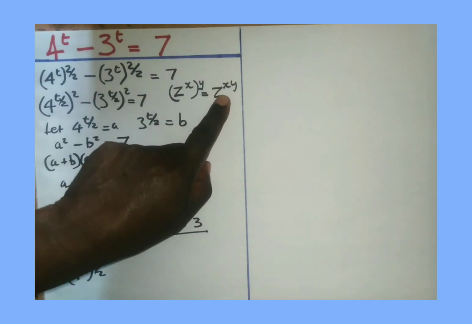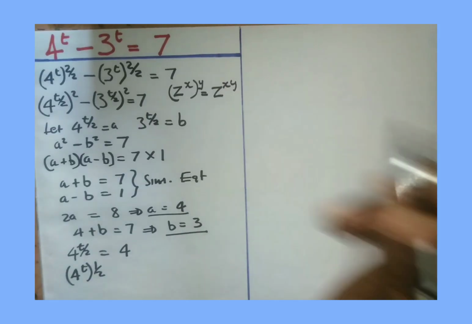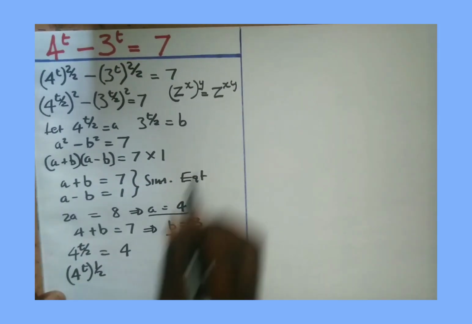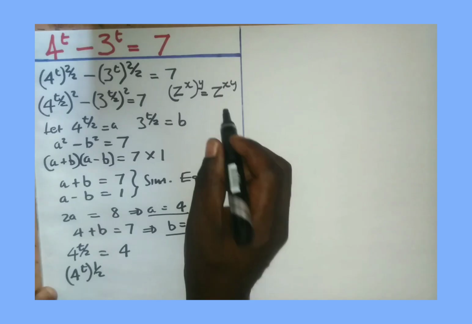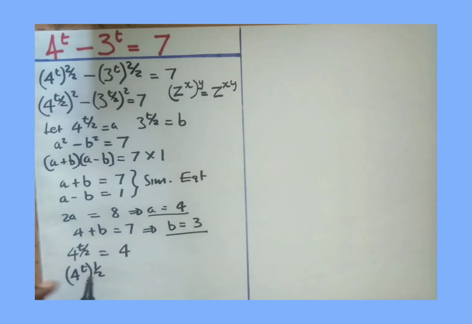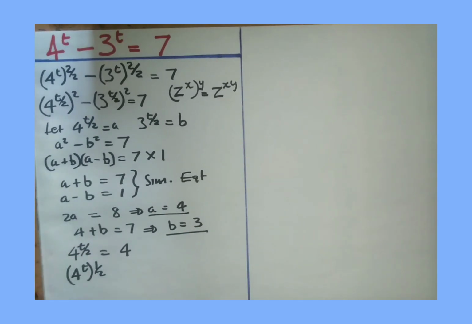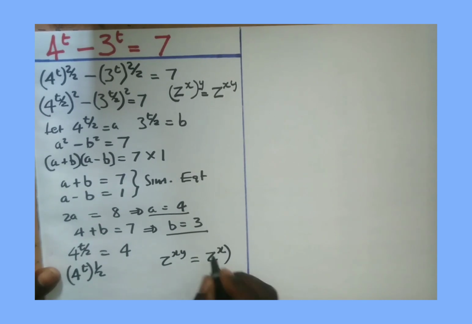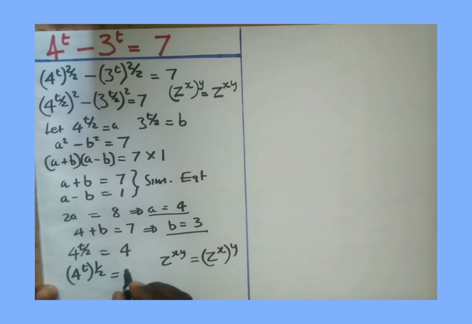Remember, we can do the reverse of what we did here. We had this inside the bracket, so we can take the half outside the bracket. It's like we had z to the power xy is equal to z to the power x, raised to the power y. That's what I did here. So this is equal to 4.